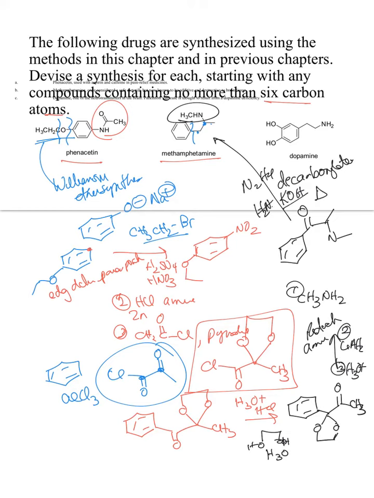Okay, the next one here is dopamine. So how would we do dopamine? The way I would do dopamine is I would start with my phenol, that's 6 carbons, and I would go ahead and do a Friedel-Crafts.